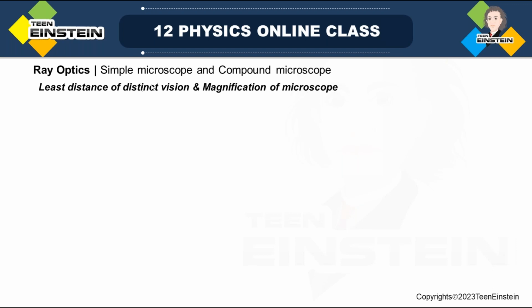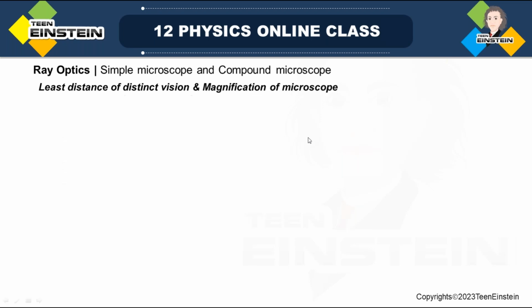So for the sake of recapitulation, we'll discuss here once again the simple microscope part, and then it will be actually easier to discuss compound microscope once we discuss simple microscope. So today's class will be on both simple microscope and compound microscope. So let us start our discussions today.